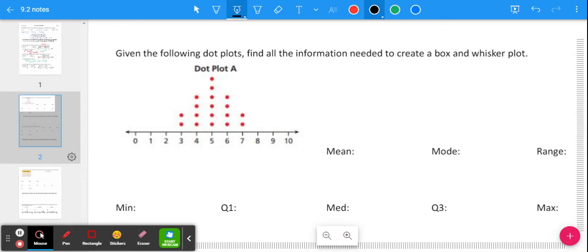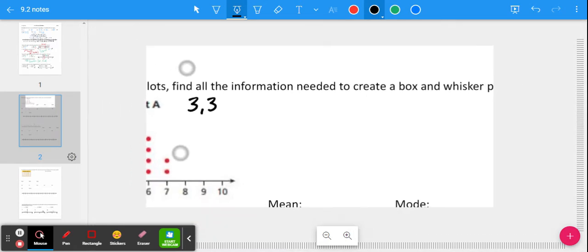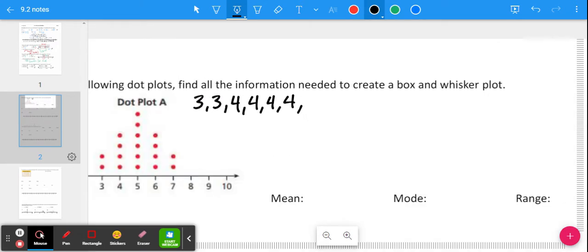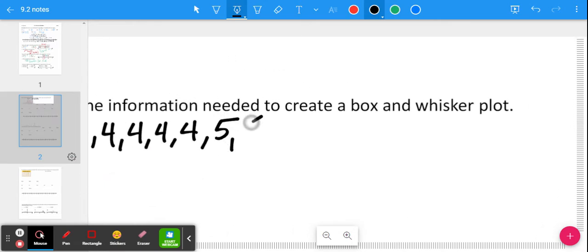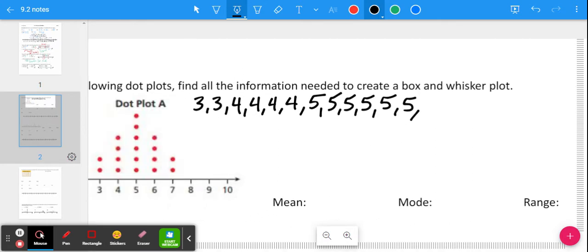So I see that I have 2 3s, 4 4s, 6 5s, 4 6s, and 2 7s.